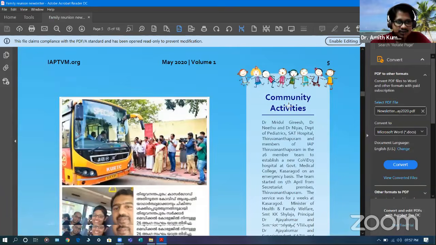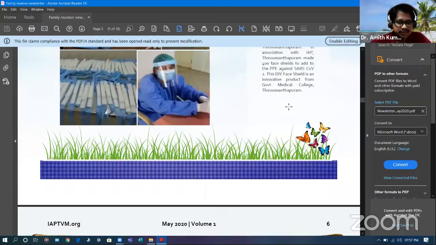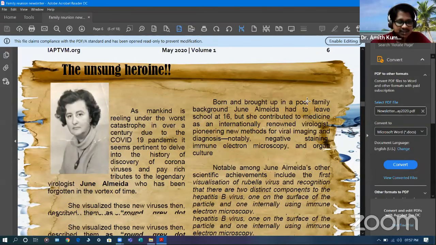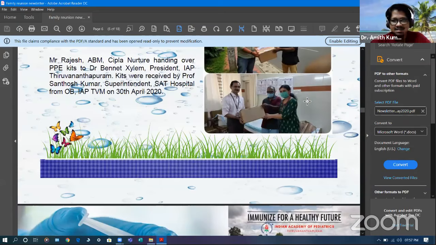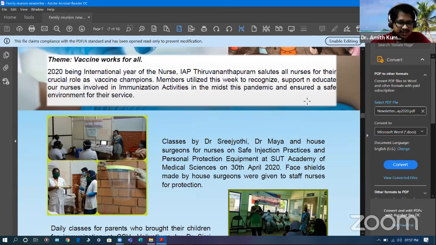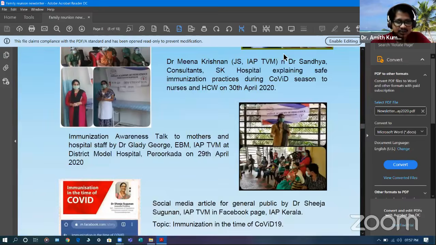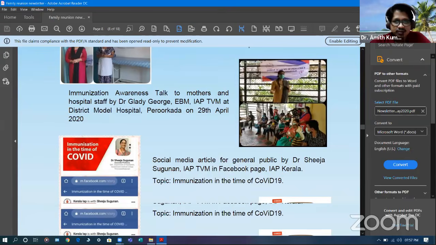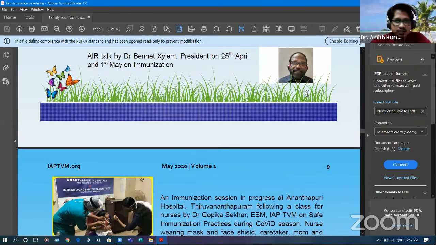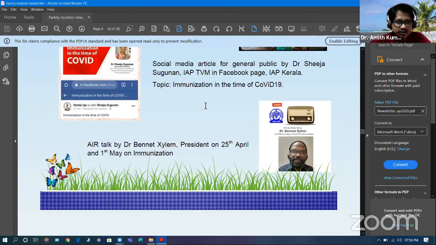I'm happy that our state president and secretary are able to witness all these activities of their branches. There was the Calicut activity also. ഇച്ചിരി enlarge ചെയ്തെങ്കിൽ കൊള്ളായിരുന്നു കേട്ടോ. ഇത് കാണാം സർ. ഫുൾ സ്ക്രീൻ. ഇത് പറ്റി. കാണാം. ഓക്കേ ഓക്കേ.